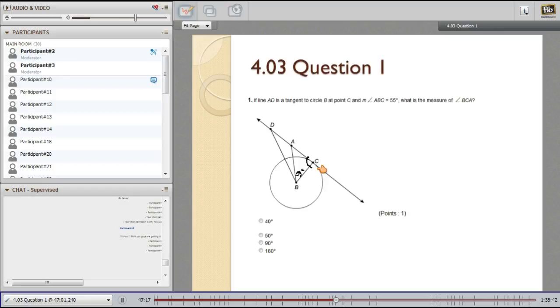You don't even need this information. This is just added information, probably to try to throw you off, but you don't even need to know what that is. You can figure out what angle BCA is by just telling you that line AD is tangent to circle B at point C. That's the only information you need to figure out what angle BCA is.